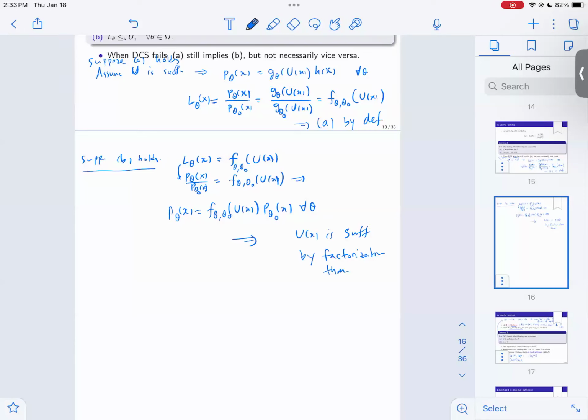This part is a little bit worrisome, so let's say there's an edge here which I'm canceling.